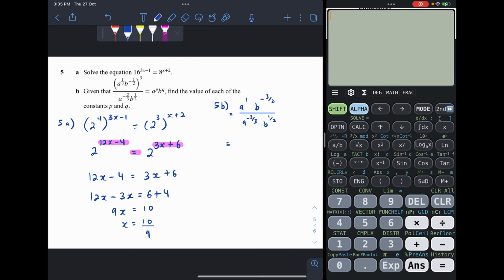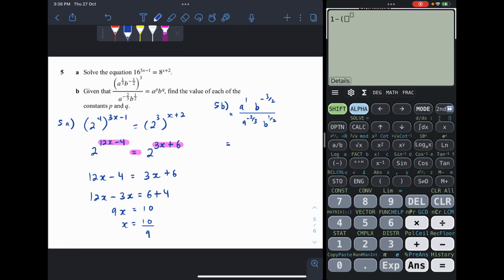Since we have a fraction, what does that mean? Exactly, that means divide. So divide means you have to minus the powers. So if you want to use a calculator, you can just take 1 minus, where minus comes from the fraction. But wait a minute, there's a negative 2 over 3 there, so make sure you write a bracket.